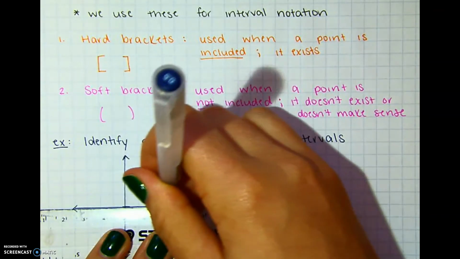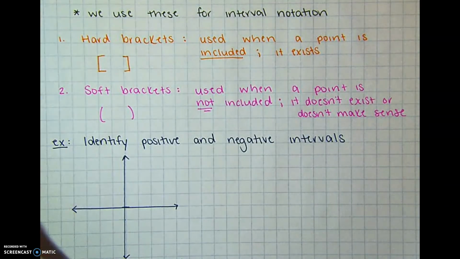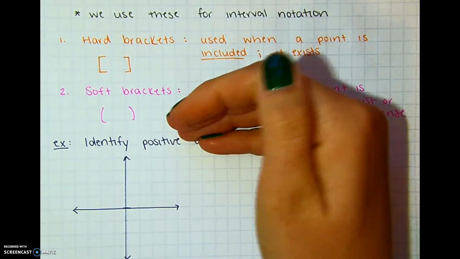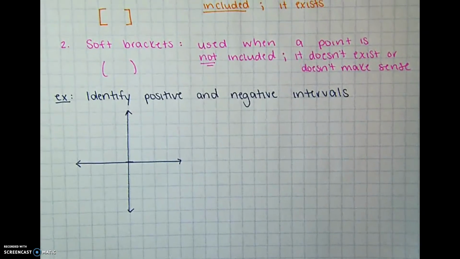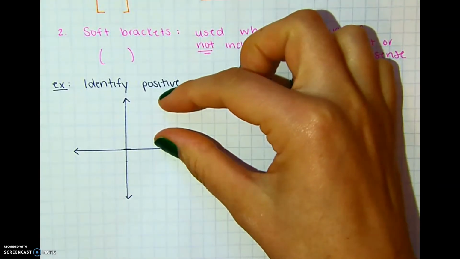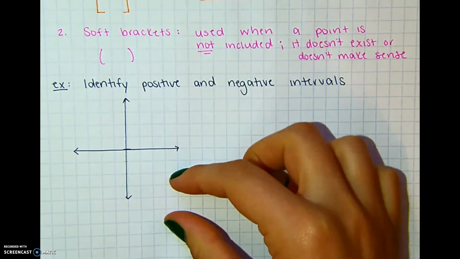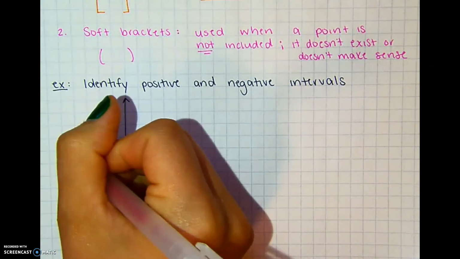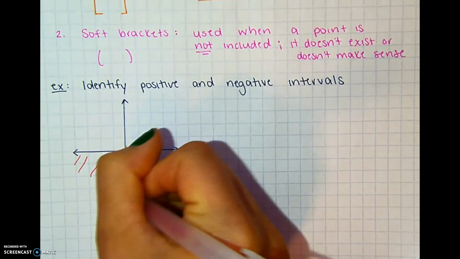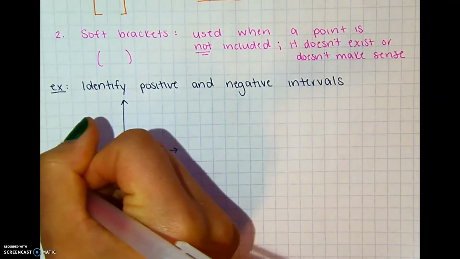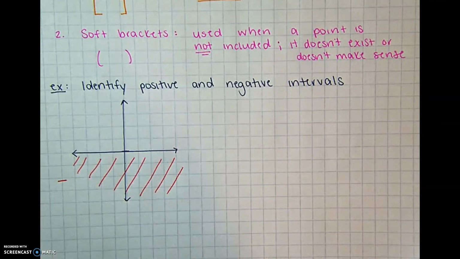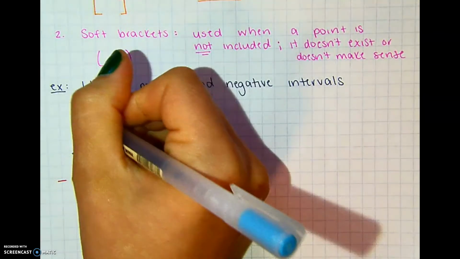So for positive and negative intervals, we're thinking of positive and negative kind of like above ground and below ground. So everything above is going to be positive and everything below is going to be negative. So everything down here is negative, just like your y values are negative down there, and everything above is positive.